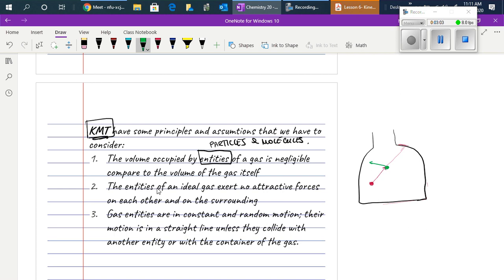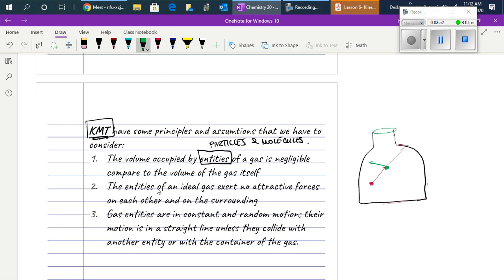The collision between the particles of the gas, or with the sides of the container, is an elastic collision, where the kinetic energy and the momentum are conserved. Another principle we implement in kinetic molecular theory is that the entities of the gas do not exert any attractive force on each other or on the container. So there is no force between them.